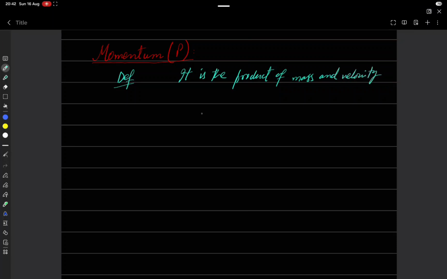So momentum P is equal to mass m multiplied by velocity v. So P is equal to mv.